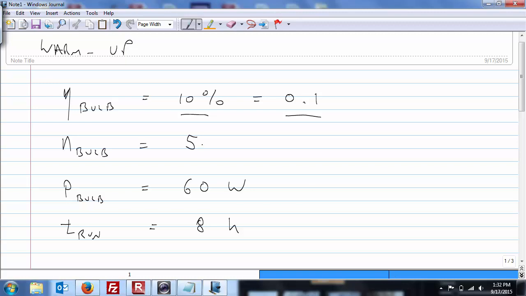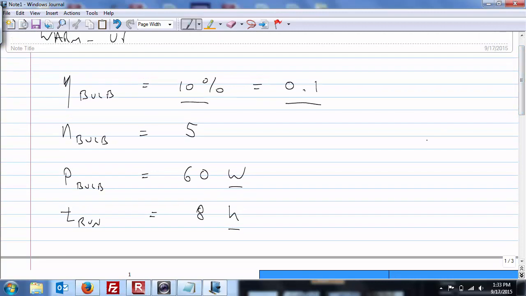The number of bulbs is 5, and you'll notice that for both efficiency and the number of bulbs, there are no units. These are unitless. They are dimensionless. I've also written down the power of each bulb is 60 watts, and we know that we're running for 8 hours. So there's your units of power, and there's your units of time.